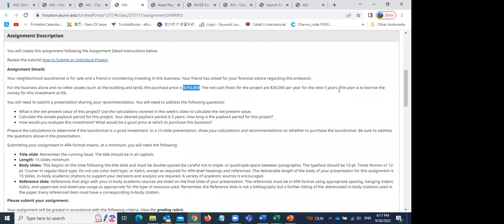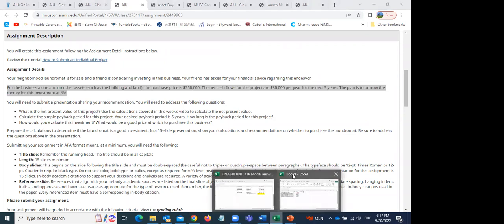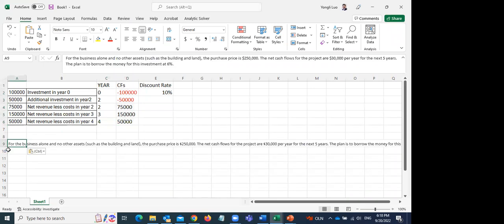The plan is to borrow the money for this investment at 6%. This is the information we already have.